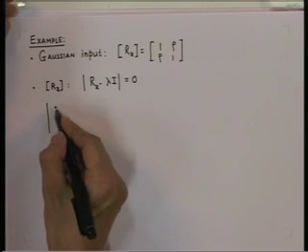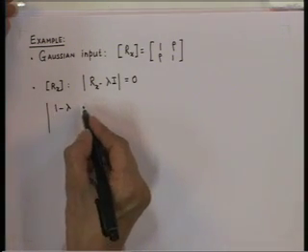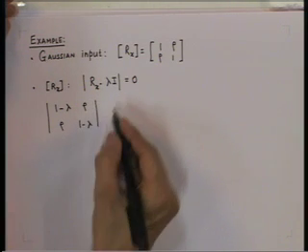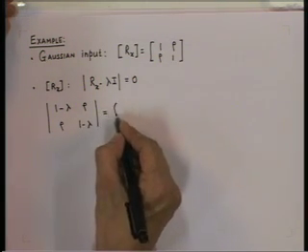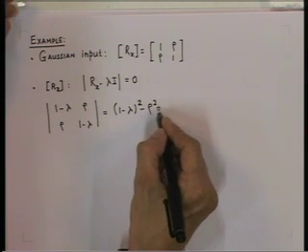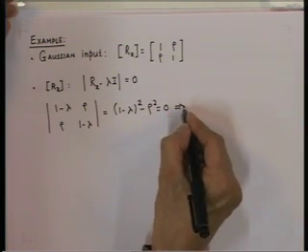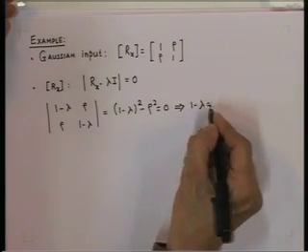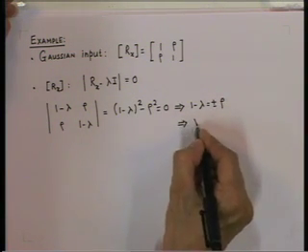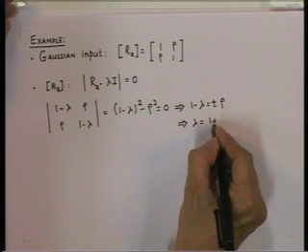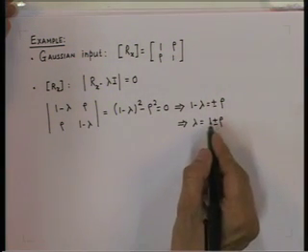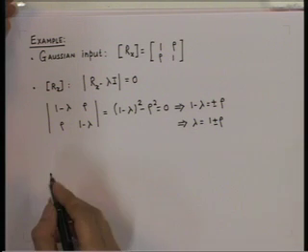If we do that, we get (1 minus lambda) squared minus rho squared equal to 0, which implies 1 minus lambda equal to plus or minus rho, which implies lambda equal to 1 plus or minus rho. Therefore, there are two eigenvalues, 1 plus rho and 1 minus rho.